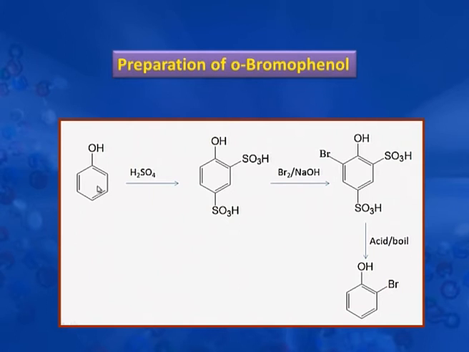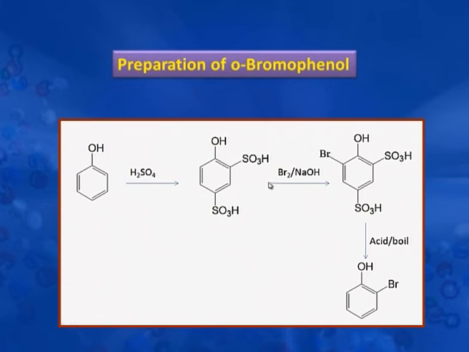But if we want to prepare orthobromophenol, then we will have to use a specialized method in which the other positions will be protected by sulfonate group. Like in this particular case, phenol first reacts with sulfuric acid and substitutes sulfonic acid groups at ortho and para positions. As a result, we are left with only one ortho position.